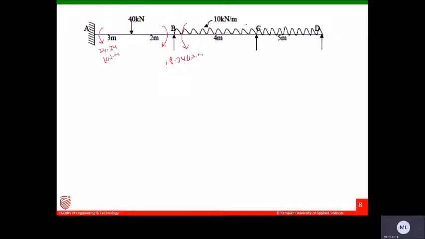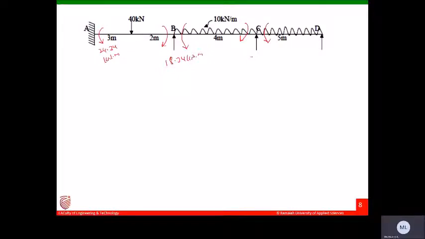Similarly, this is plus, this is minus you got, and this is plus you got, and this is minus you got.